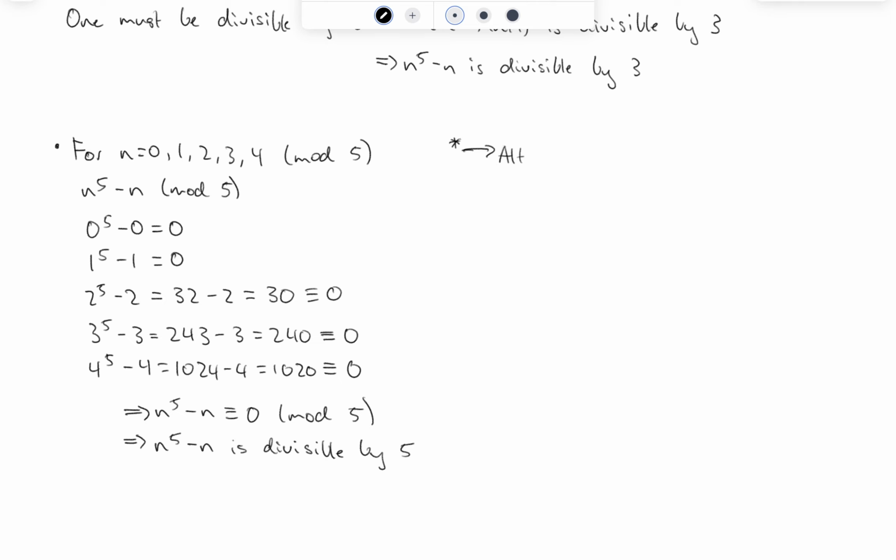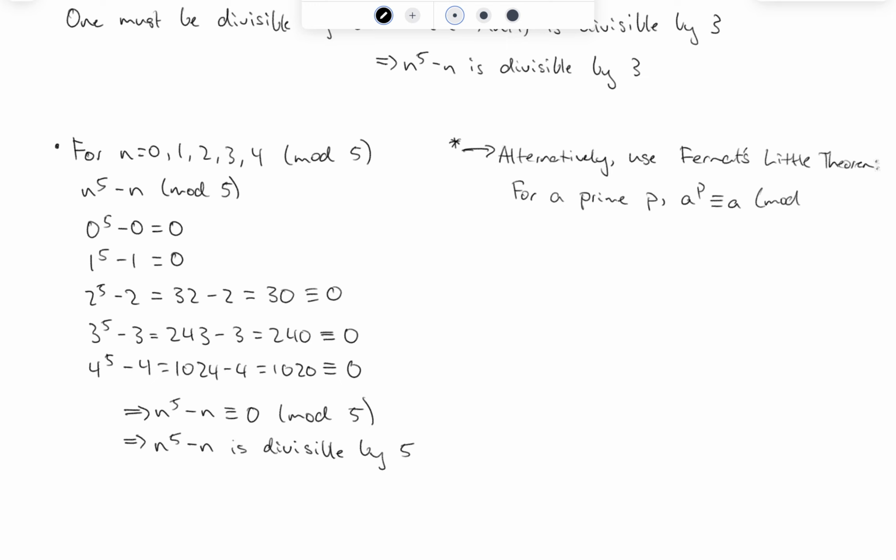So you could say, alternatively, we could use Fermat's Little theorem, which says that for any prime value p, if you take a, where a is an integer, raised to that prime power, a to the p is congruent to a in mod p.